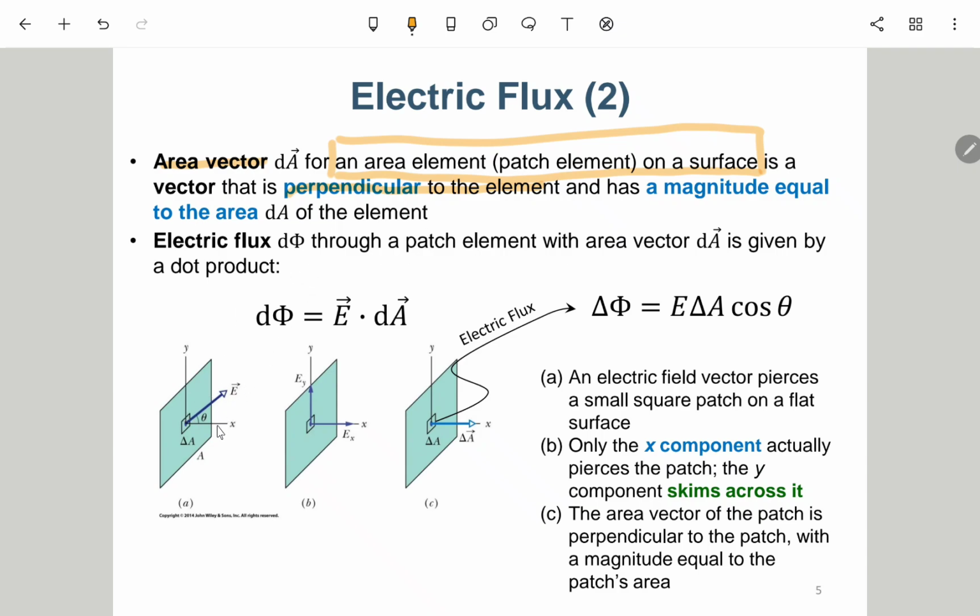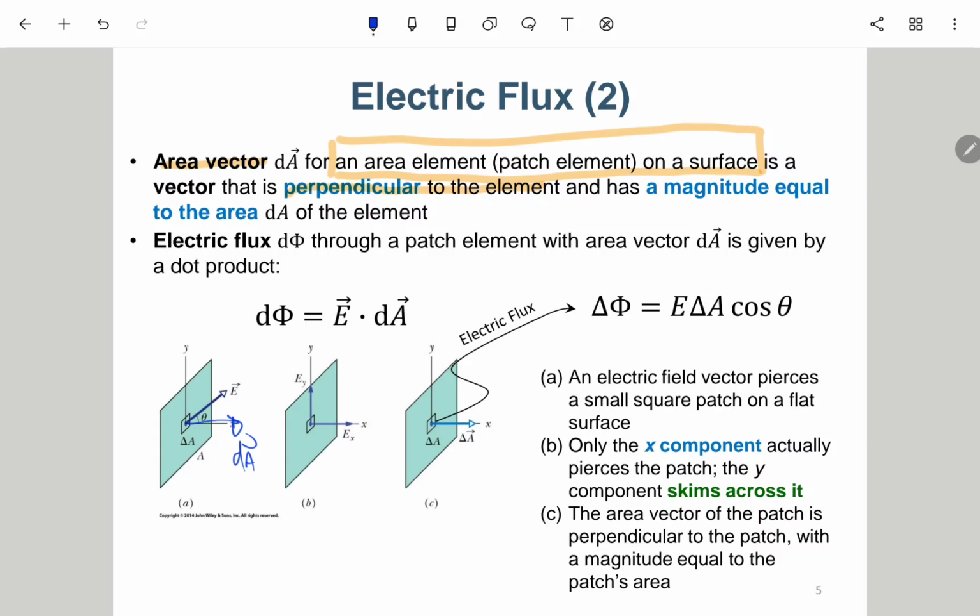So suppose we have this element. We can assume this is a plane, and then we can draw a perpendicular line going through this surface. Both directions can be the direction of this dA. Maybe you can define dA to be like this or the other way around.